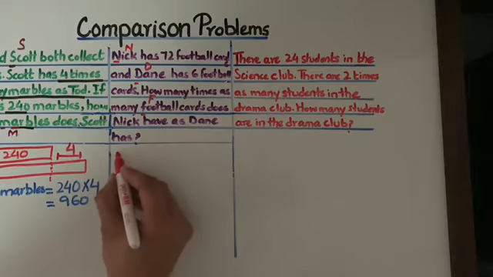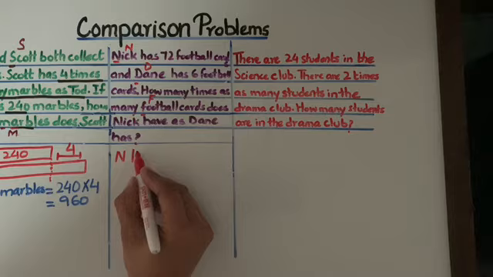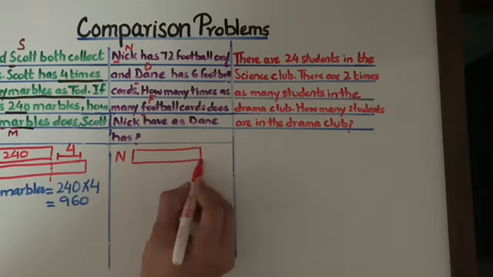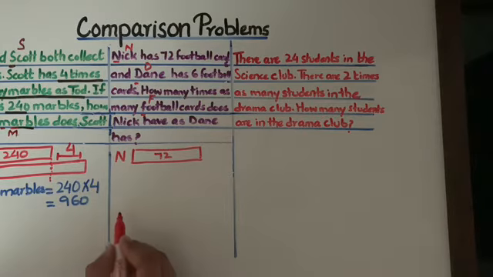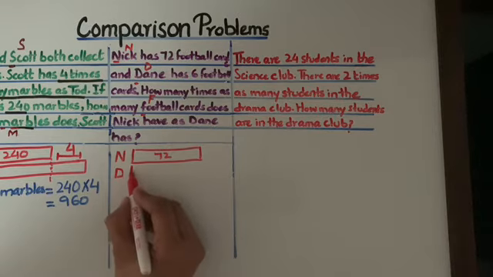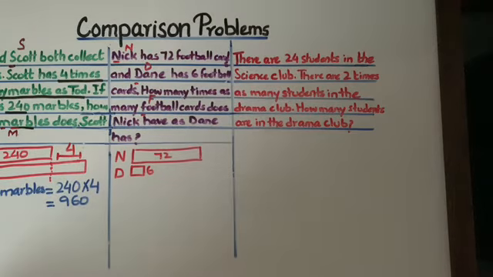Right, so Nick has 72 football cards. And Dane has 6 football cards. So this is 6.